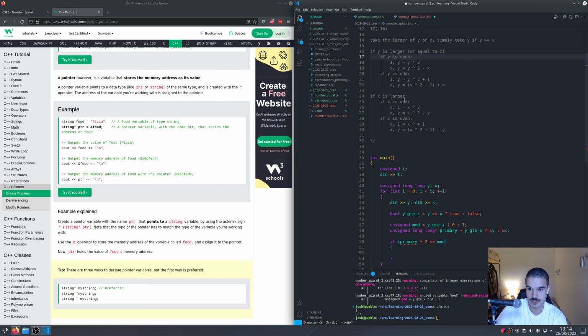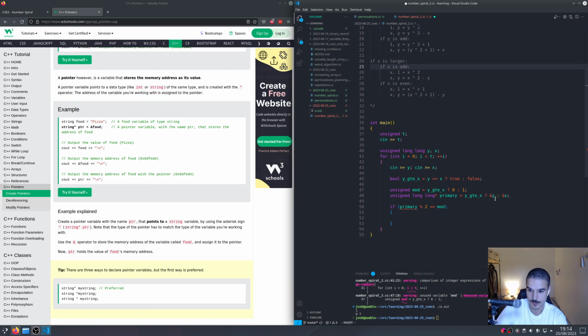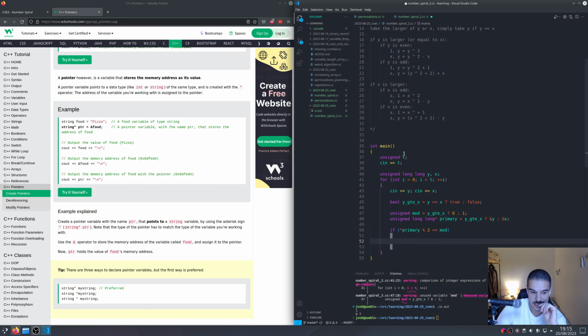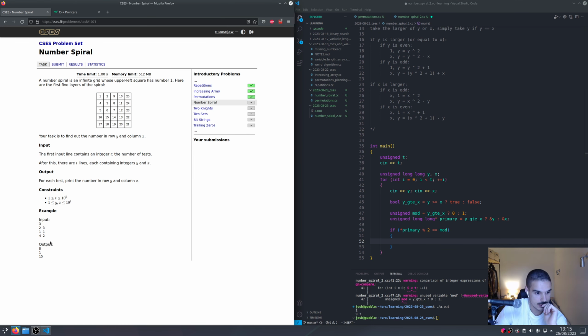So that's checking both of these. Then how do we output this? We output it per line.